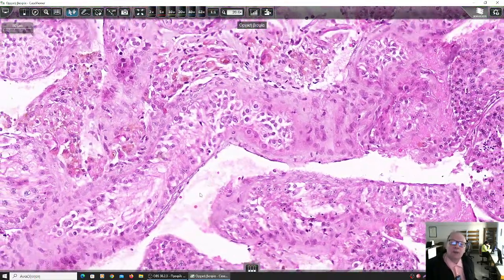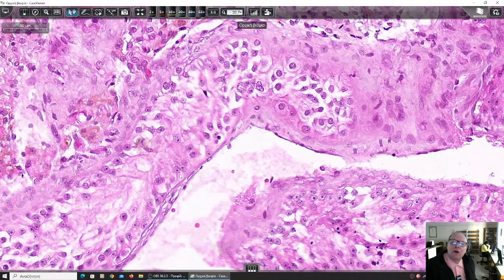So now, this tubule, apart from Sertoli cells, can you identify the Sertoli cells? Look at the nucleoli within the nuclei. Are there any other cells that we can identify as germ cells? Yes, there are. These cells close to the basement membrane. You remember how we called these cells close to the basement membrane?